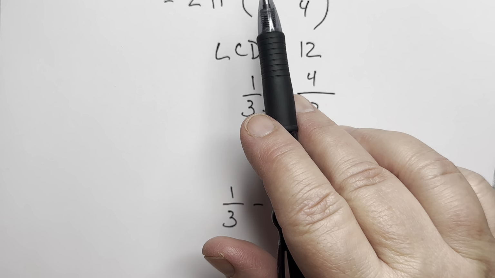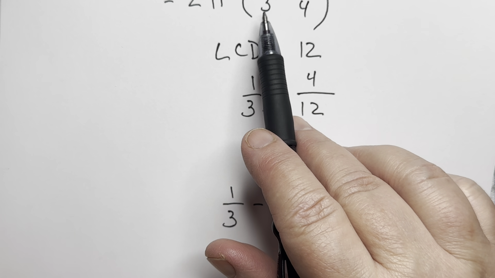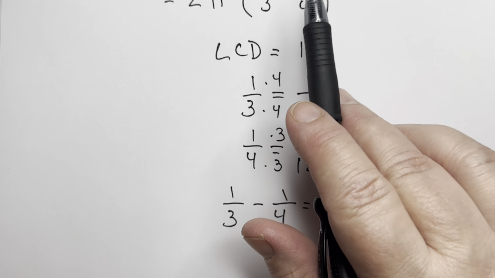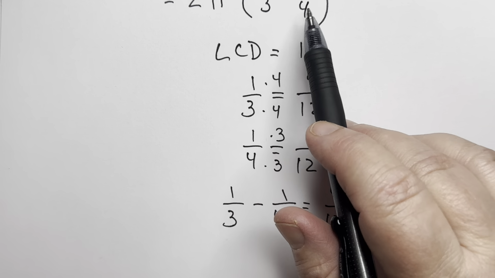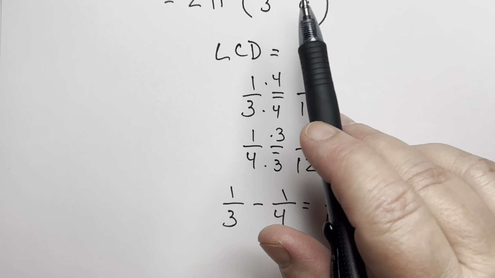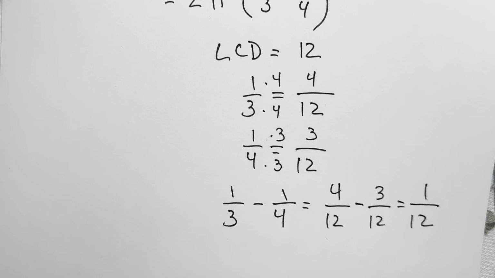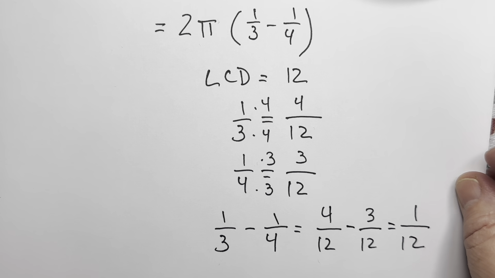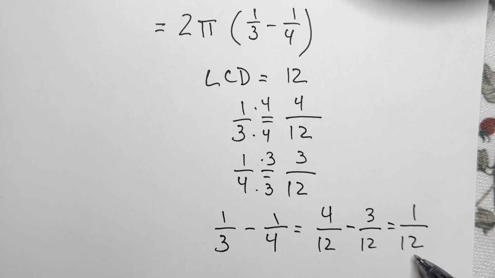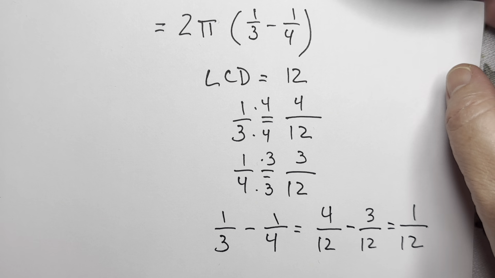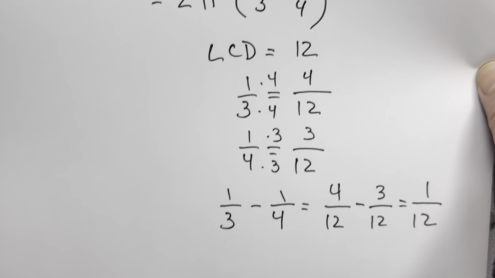If you've got 1 over a smaller number minus 1 over a number that's 1 bigger, so if this is 3, 4, 4, 5, 6, 7, 12, 13, as long as they're different by 1 and you're subtracting them, you end up with 1 over whatever the LCD is. I don't know if it's worth memorizing it, but it's just a cool trick that always works.